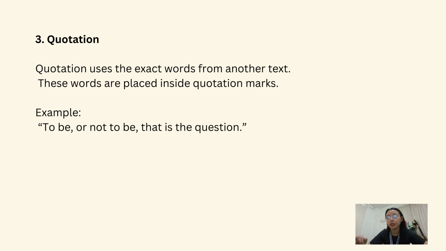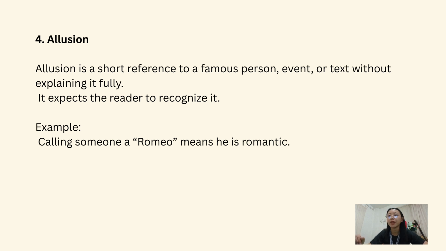And then we have allusion. Allusion is a short reference to a famous person, event, or text without explaining it fully. So it expects the reader to recognize it. Calling someone as Romeo means he is romantic. So kaning allusion na discuss ni nato sa 21st century nato nga subject na matong mugamit kag mga famous characters sa libro or famous event, famous text. Pareha na example nga Romeo.